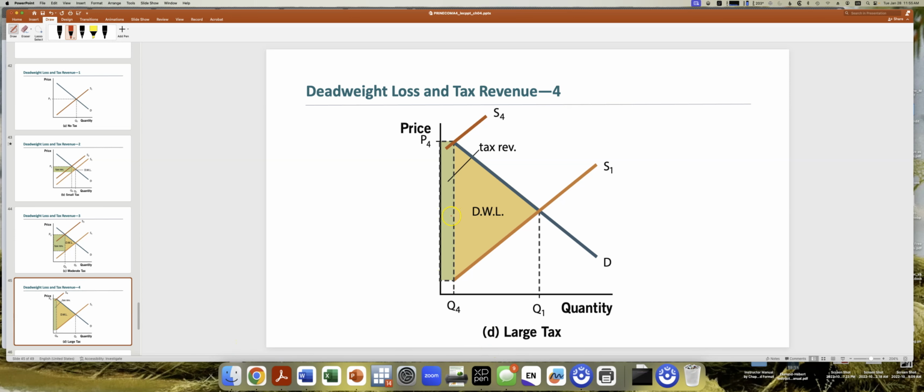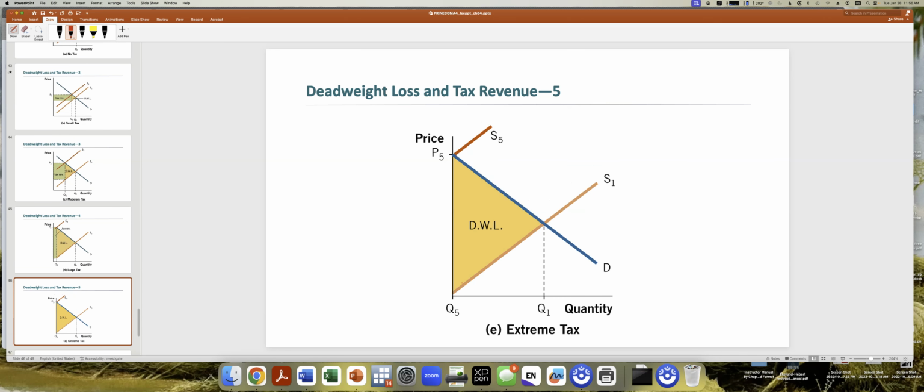It doesn't have a lot of width to this rectangle. So the amount of tax revenue brought in is pretty small. And then obviously you can impose an extreme tax where you basically wipe out the entire market. By wiping out the entire market, it's all deadweight loss with no tax revenue because no one is buying the good.